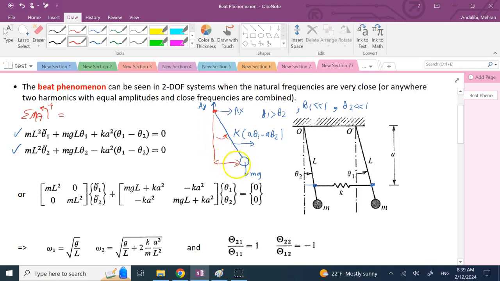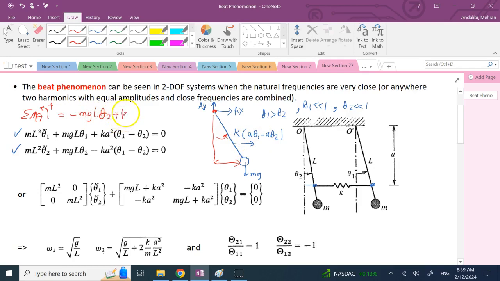So it's L theta 2 times mg, and clearly the moment of mg about that point is clockwise, so it's going to be negative mgL theta 2.